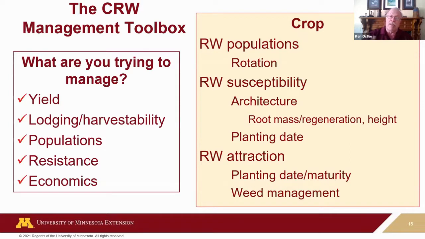When they're planted will determine things like when they attract beetles into a field, and what size the root system is when the corn rootworms hatch. And then finally, we have the attraction of a field for egg laying, and other elements besides the corn silks that come into play and are affected by this would be the planting date, maturity, and the weed management.